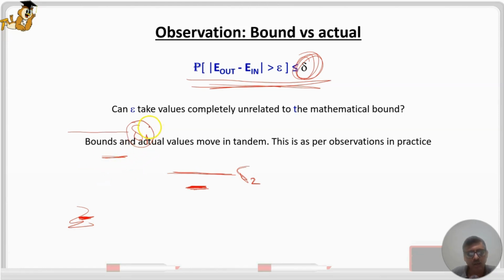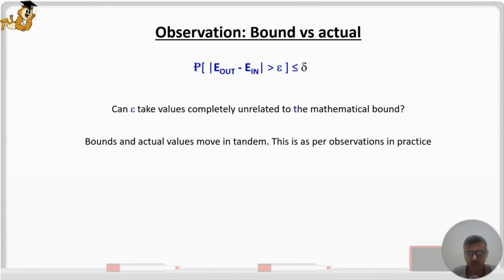So higher bounds are reflected in a greater difference between E out and E in, vis-a-vis tighter bounds where E out minus E in is likely to be smaller. This is simply an observation in practice of people who work in this area.